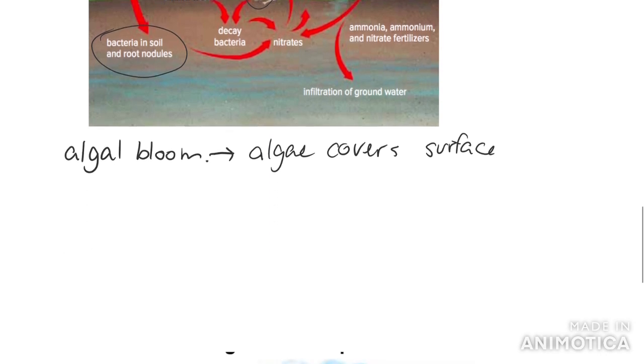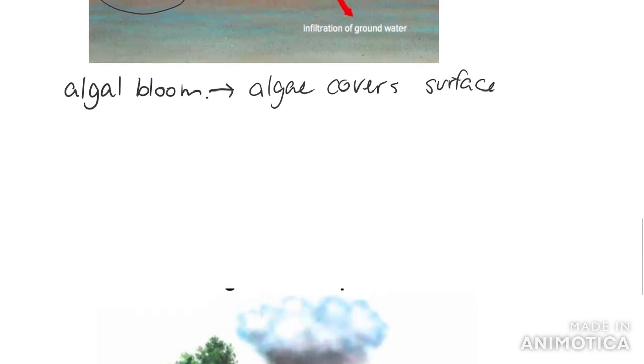And the last one I wanted to talk about was phosphorus. So phosphorus, again, is an essential nutrient for growth and development of organisms, and it's usually found in the geosphere, so in the ground. And what happens is when rock is broken down through weathering, which means it wears away, the phosphorus is released into the soil and water.